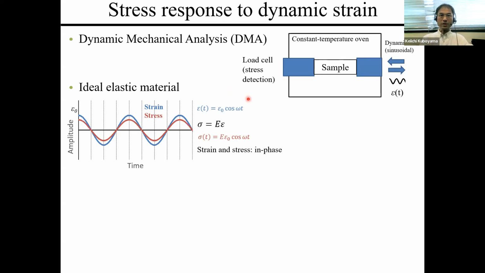So previously, I mentioned the static method to measure the viscoelastic properties, so I elongated for constant length or constant stress. But when you think about the tire properties, the dynamic property is important. So frequency is important. In that case, you can measure the mechanical property by using such an instrument.